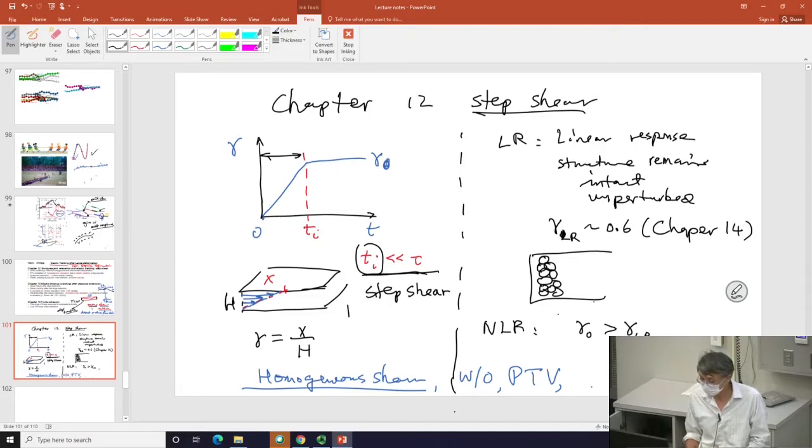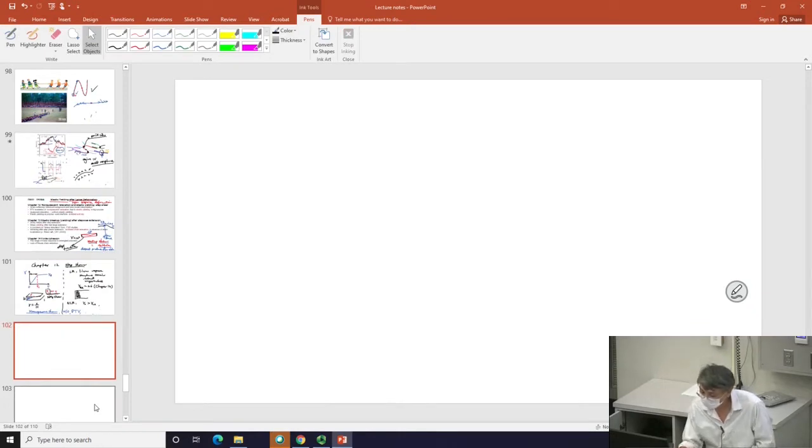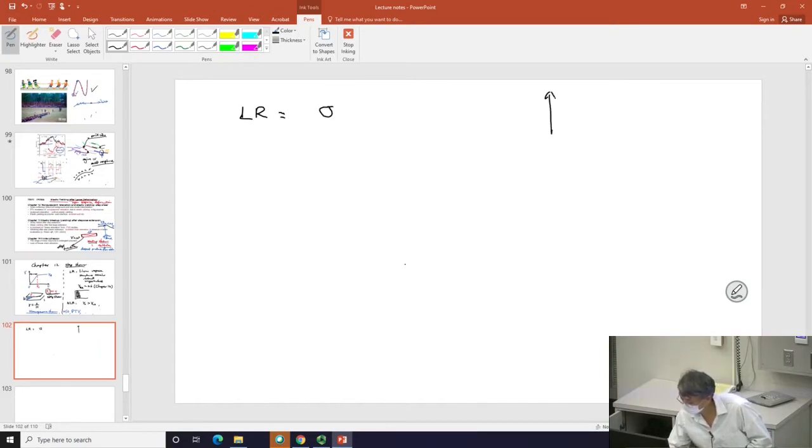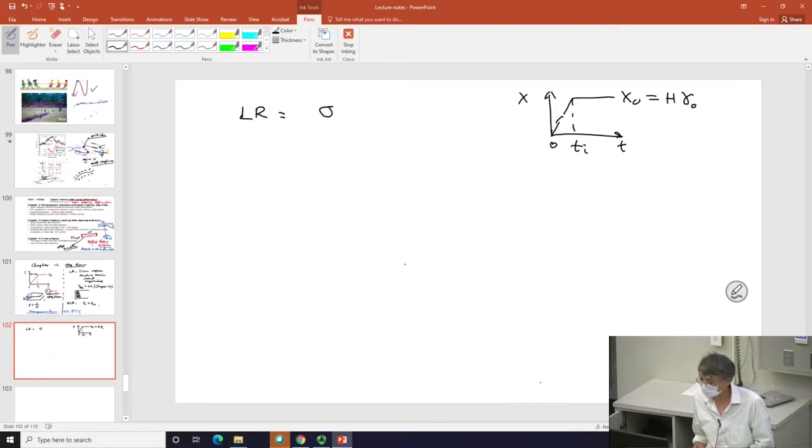What do we see phenomenologically? Well, linear response strictly means the following. I told you what to do, right? You move your x, the top plate, and you will stop at x0, over t_i amount of time.